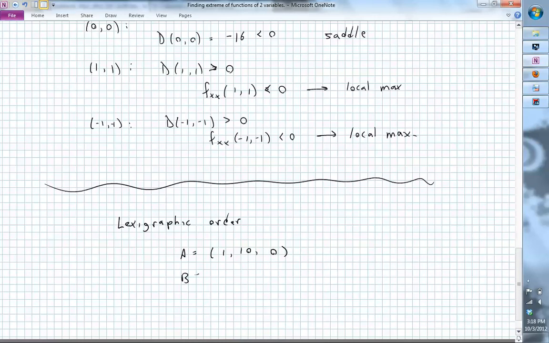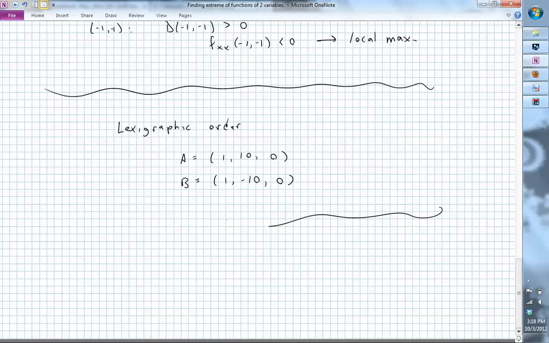And then I have another point B and it's, say, 1, negative 10, 0. Which comes first in lexicographic order? B. Okay, so there's a tie in the x-coordinate. And so now we go to the y-coordinate. And whichever y-coordinate is smaller, negative 10, wins. And then if there were a tie there, you go on to the third coordinate. So that's how they want you to enter the data.